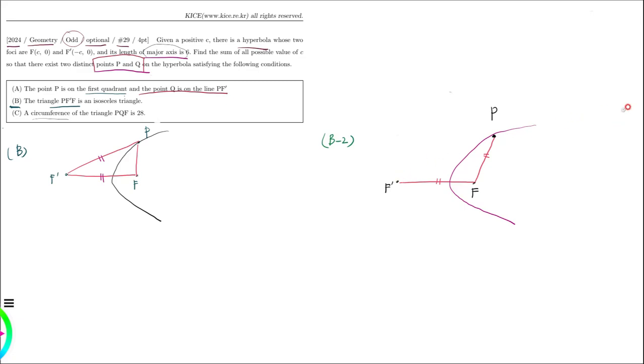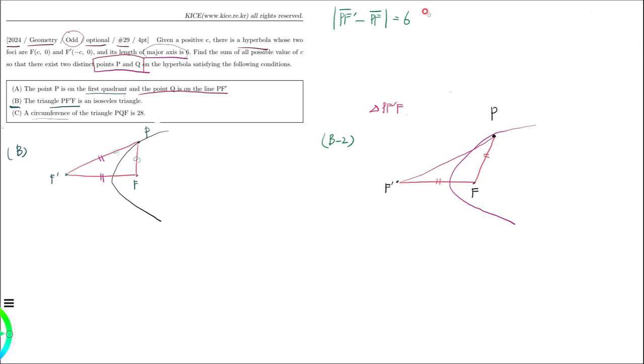And then we can construct the isosceles triangle PF prime F. And this is all because those two sides cannot be the same, because as I said, there's always a positive difference.